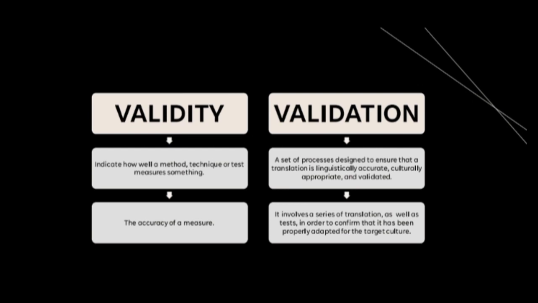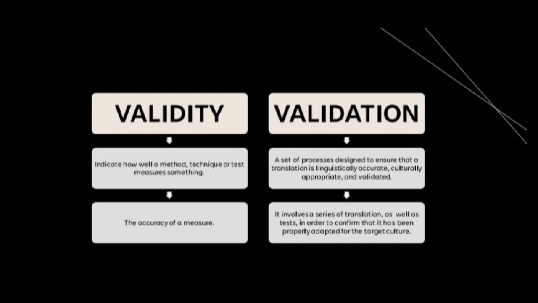Comparing validity and validation. When we say validity, it indicates how well a method, technique, or test measures something. It determines how the interpretations and decisions are well based on scores from different assessments.